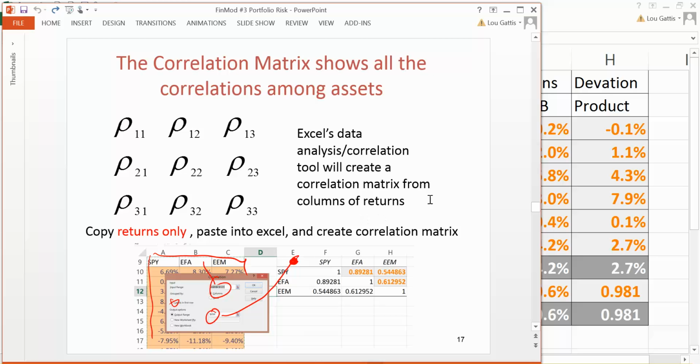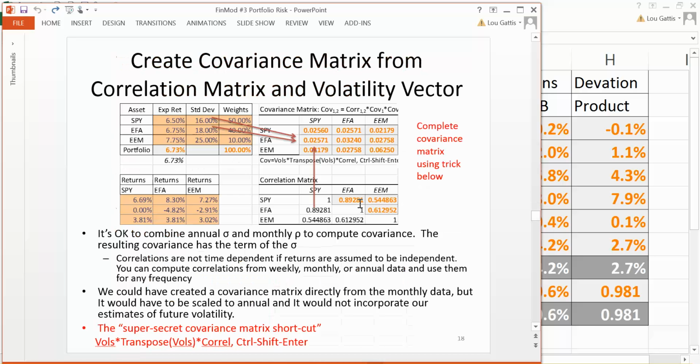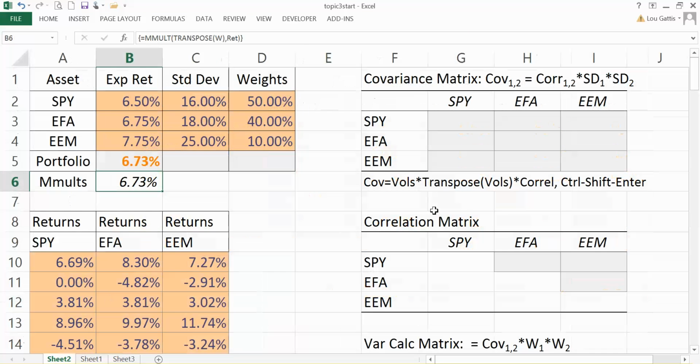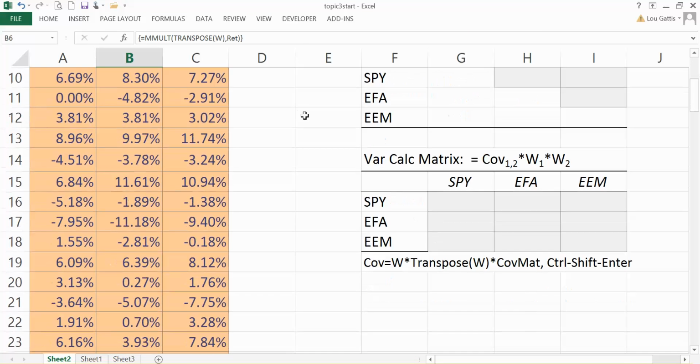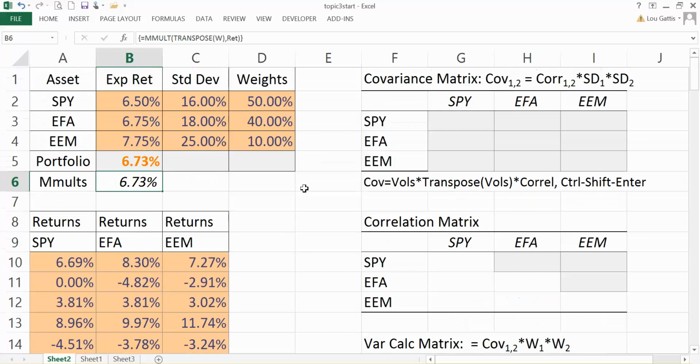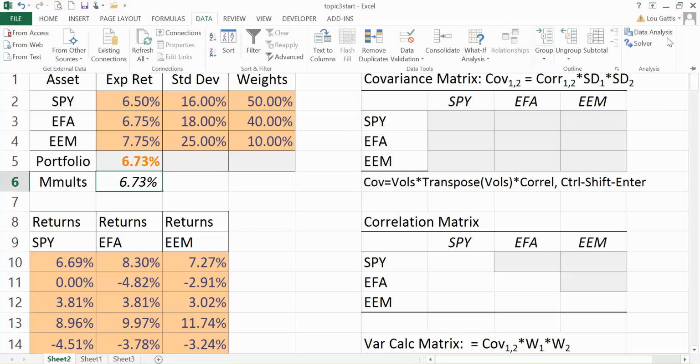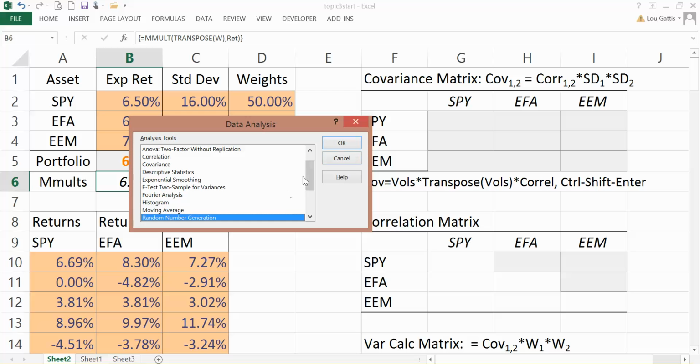So let's do this in Excel. Let's first create a correlation matrix using Excel's correlation data analysis function. We'll then use that to calculate a covariance matrix. So back to our original sheet. I'm going to go ahead and hit Data, Data Analysis. Make sure you have the Data Analysis add-in. I'm going to ask for correlations.